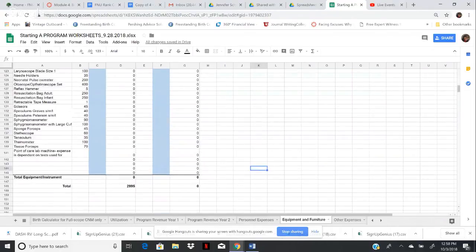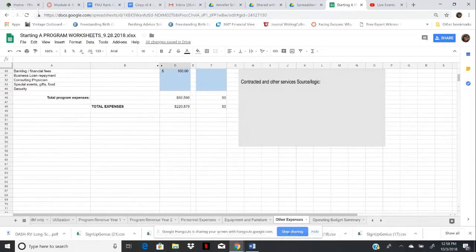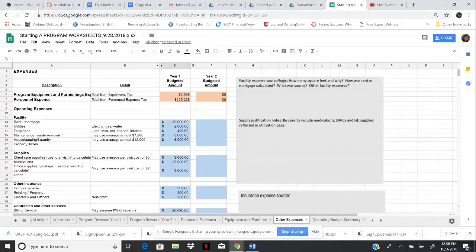All righty. And then the next tab is your other expenses tab. This is where all of your overhead expenses will be reflected. It does bring over the equipment and furnishings from the previous tab, as well as the personnel expenses from that tab. So that helps you out a little bit. And then we do need you to explain how you're coming up with your calculation for rent.